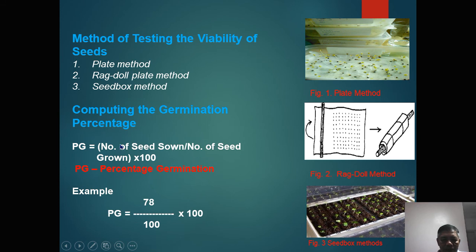Given this example, if you sow 100 seeds in the rag or in the plate or in the seed box, and 78 seeds germinated, this will be divided by 100, then times 100. The result is 78%.